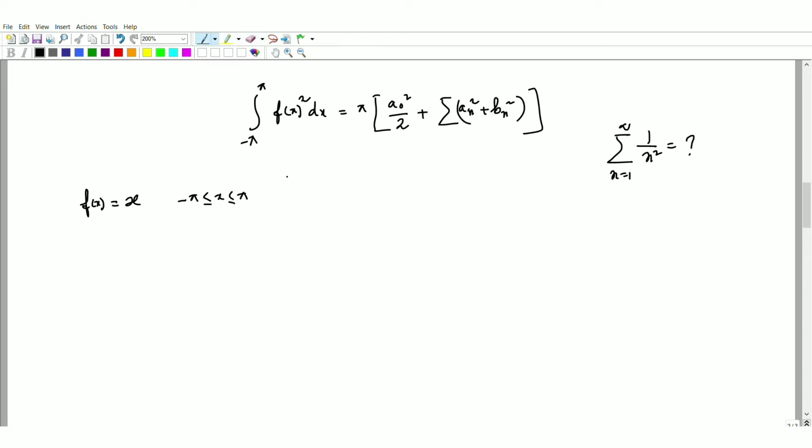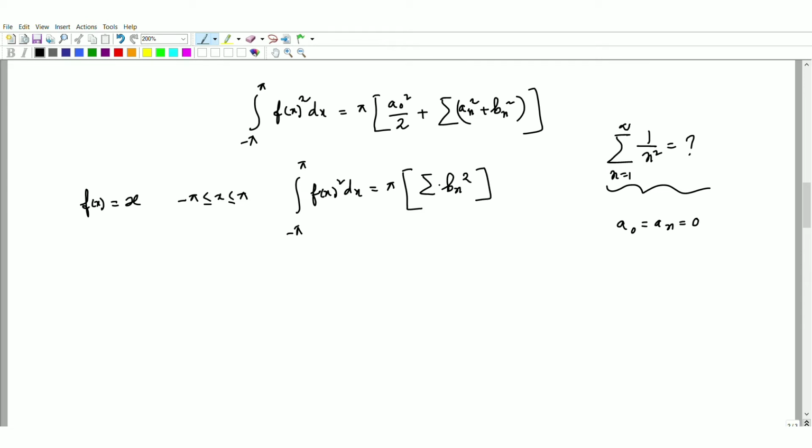Since it is an odd function, a0 and an both will be 0, so inside the summation only bn square will be there.